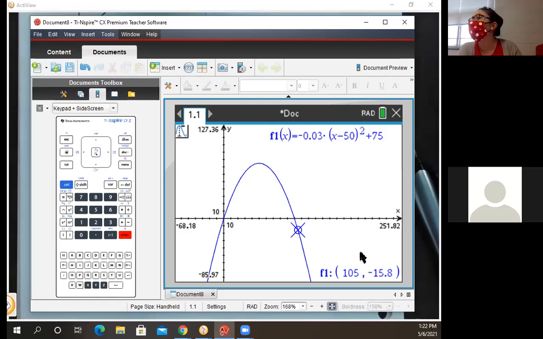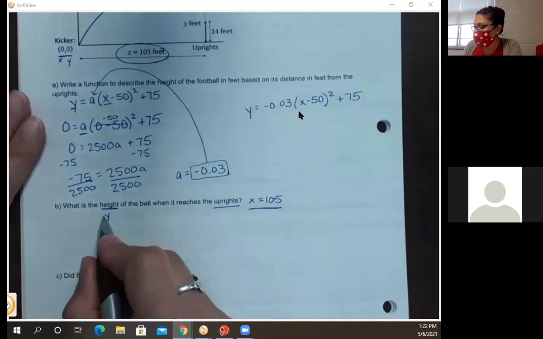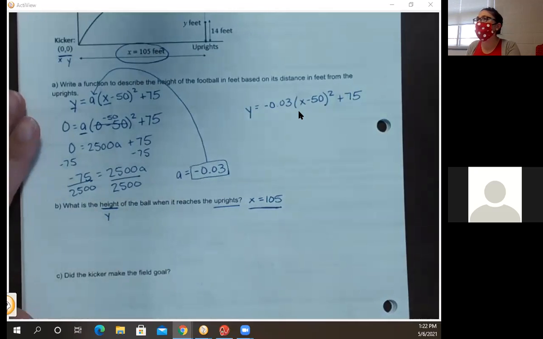What do we actually know happened? It hit the ground over here, right? It hit the ground before the uprights. So you actually answered the next question for me just a second ago. If we talk about where is the ball, what's the height of the ball when it reaches the uprights? The height of the ball is going to be 0. It's on the ground, right? It actually hit the ground a little before.